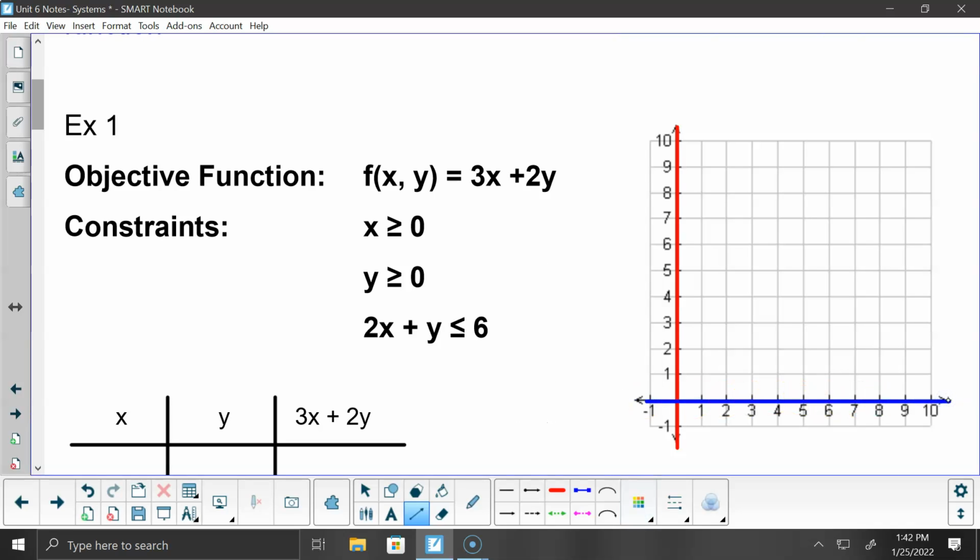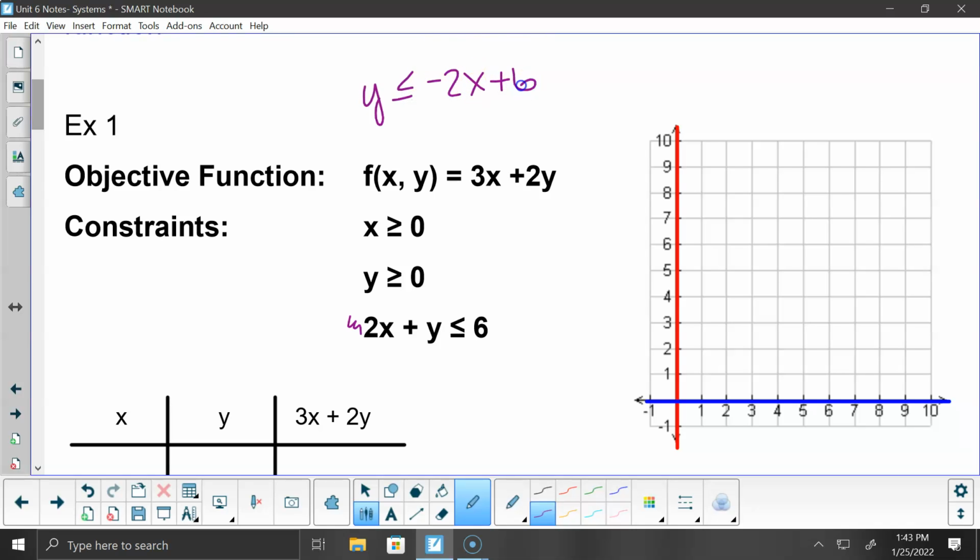Now, there's a reason I'm not actually going through and coloring this yet, because what I really care about is this final piece right here. The 2x plus y is less than or equal to 6. All right, so if I rearrange that, I've got y is less than or equal to -2x plus 6.